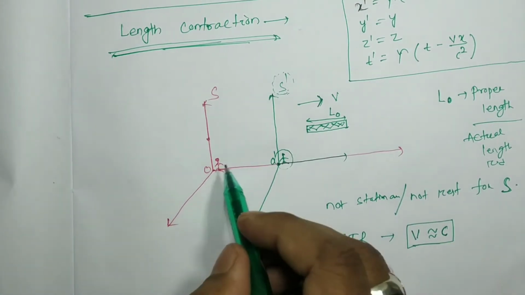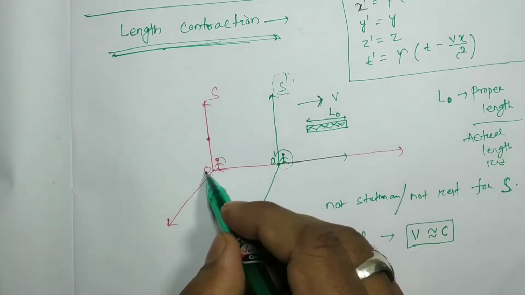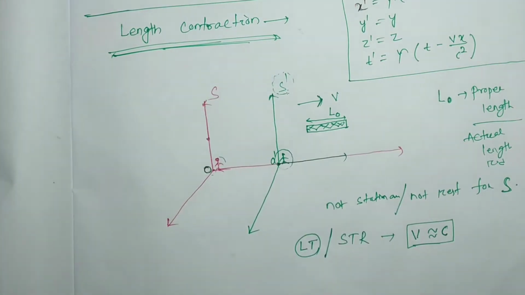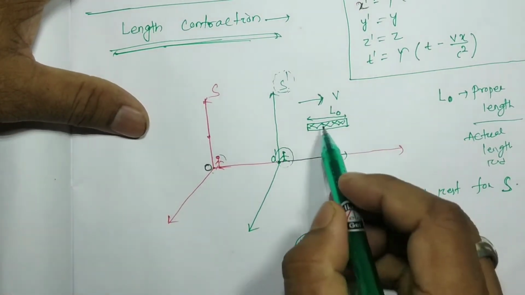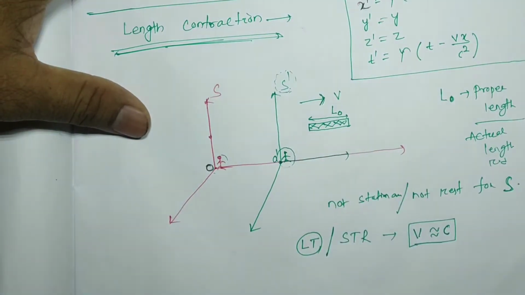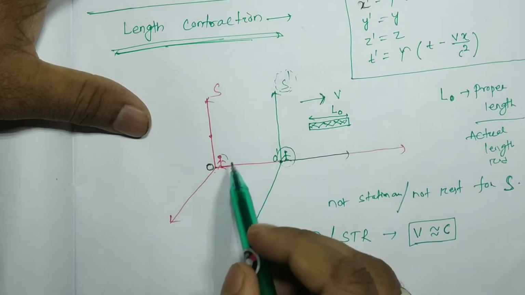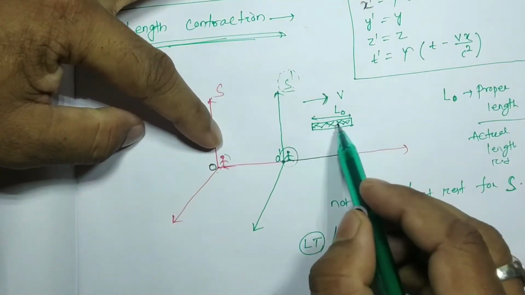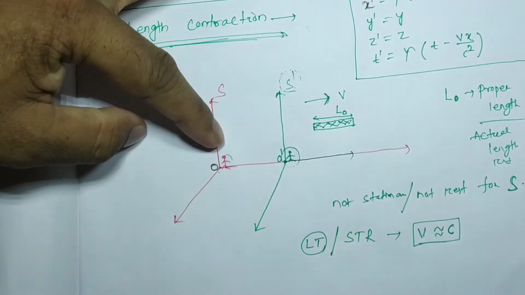then the observer at O, the observer in the S frame, is going to measure the length of the rod to be less than L0. Again I repeat, this observer is going to measure the length of the rod to be less than L0.